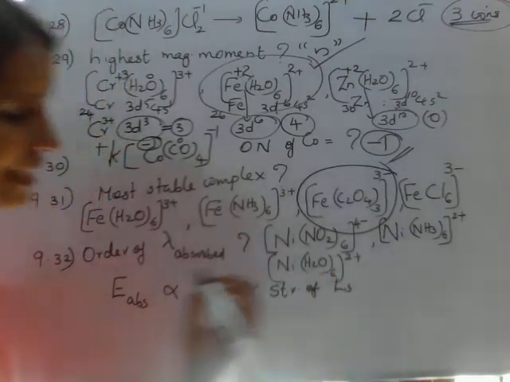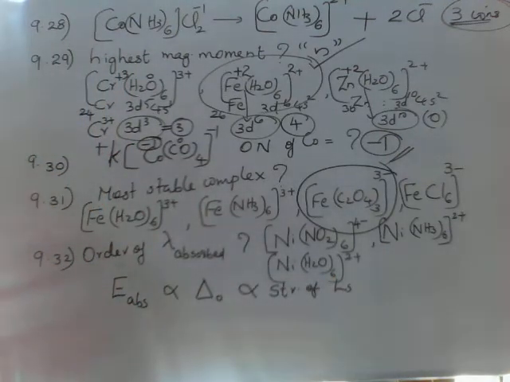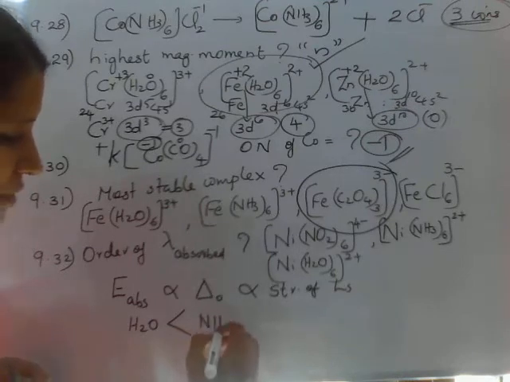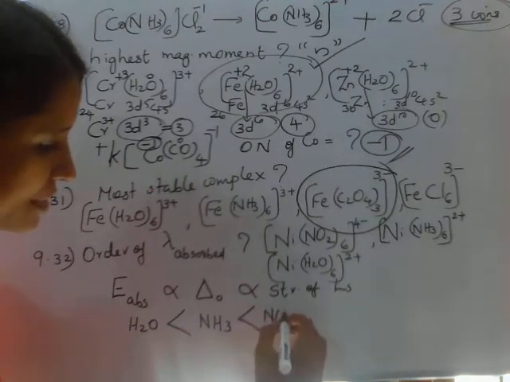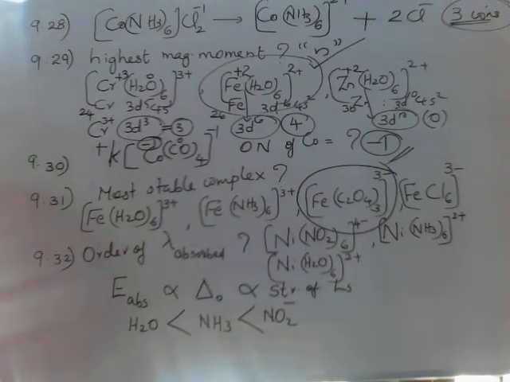In the spectrochemical series, we see that the order of ligand field strength of these ligands is in the order water molecule, the weakest field ligand, then comes ammonia, and the strongest field ligand is NO2 minus, nitrite ion.